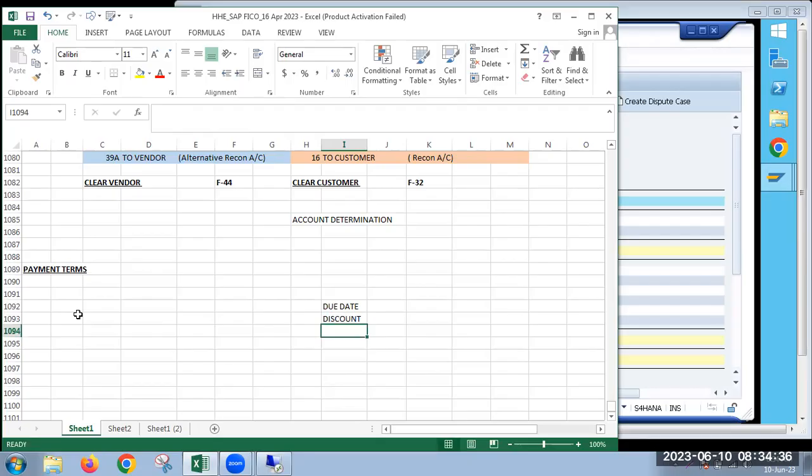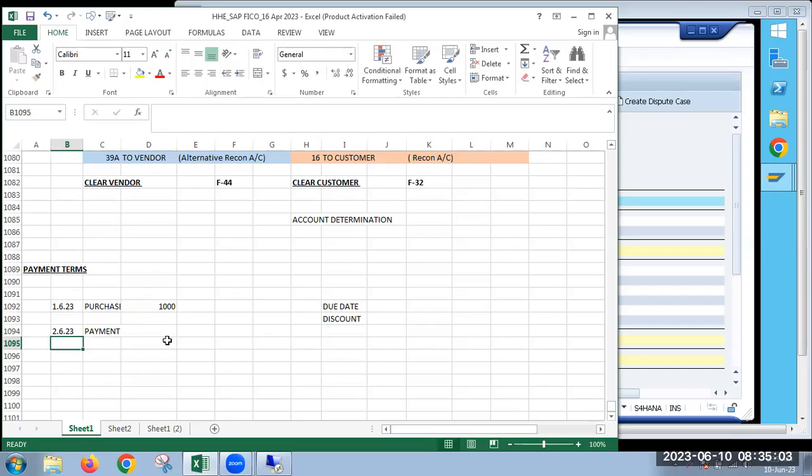Consider we make a purchase on 1st of June, a purchase of 1,000 rupees. We will make the payment on 2nd of June, closing the full amount.